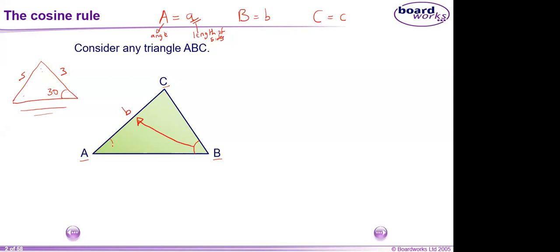When you look at this angle here, A, the side it faces we shall call smaller a. So the length from here up to here is what we call small a. When you look at C, C is here. The side it faces down here is what we shall call small c. Members, have you understood that?